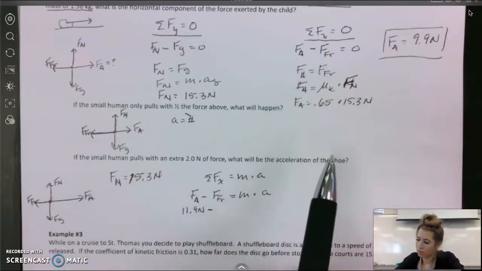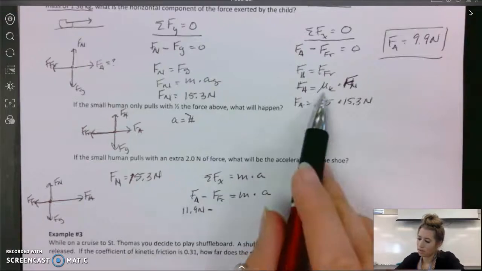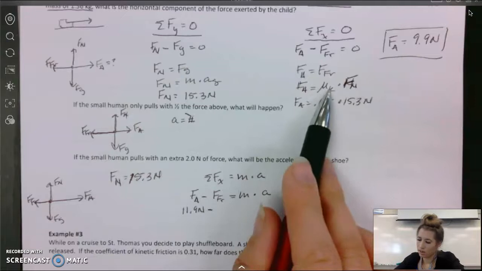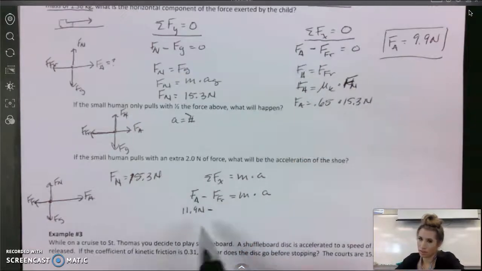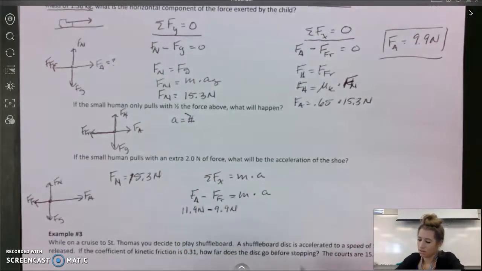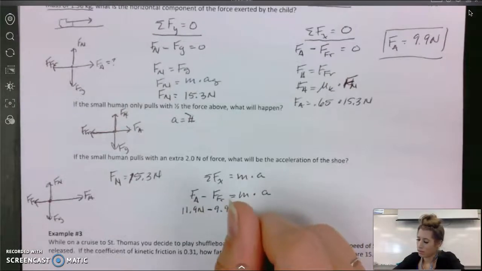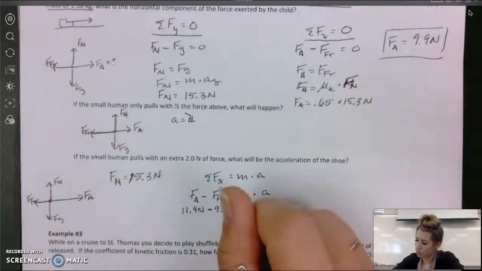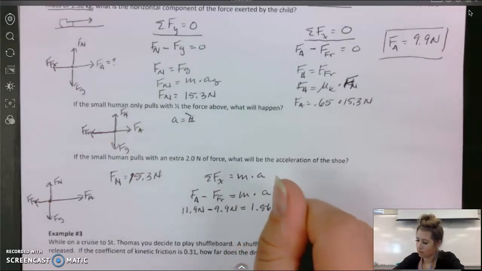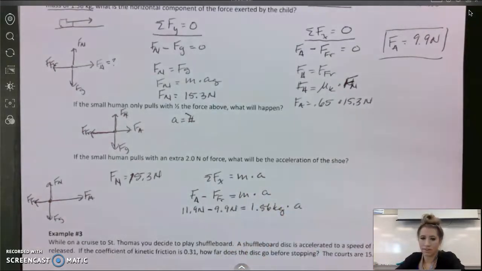And remember, frictional force is mu k times normal force. This doesn't change for this particular situation. So the friction is 9.9 newtons. And that's going to equal the mass, which is 1.56 kilograms, times the acceleration.